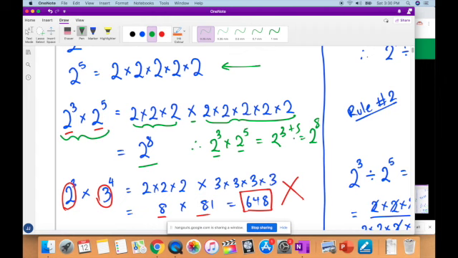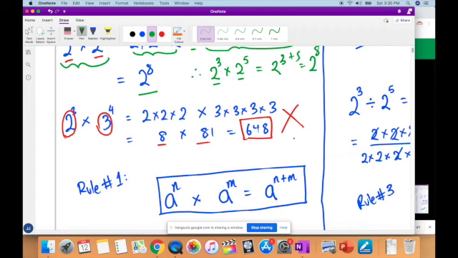Now I'll give much more detailed explanations. Over here, we were explaining why if I have 2 to the power of 3 times 3 to the power of 4, I cannot add the indices here, because these base numbers are not the same. So I'll end up getting separate numbers.